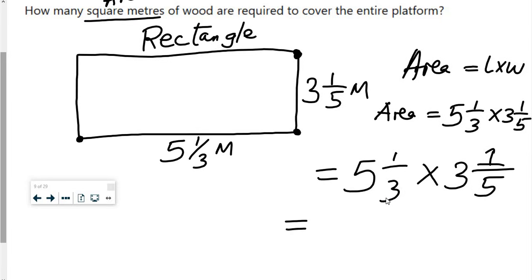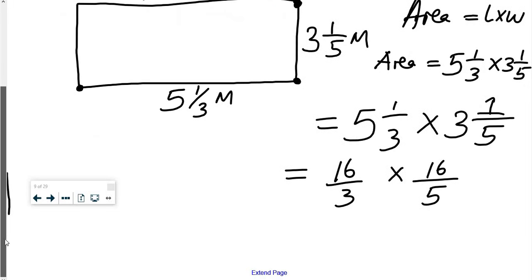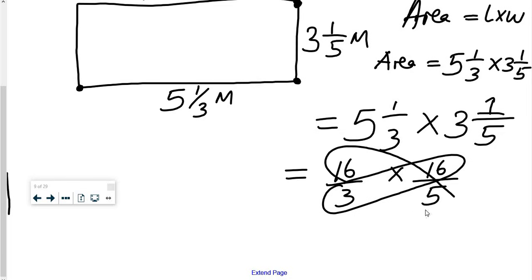And this will take you to 3 into 5, 15 plus 1, 16/3 into 5 into 3, 15 plus 1, 16/5. Now, you are supposed to check diagonally if you can simplify. Since you cannot simplify, then multiply numerators and denominators.